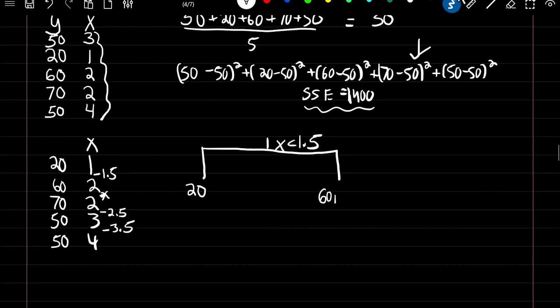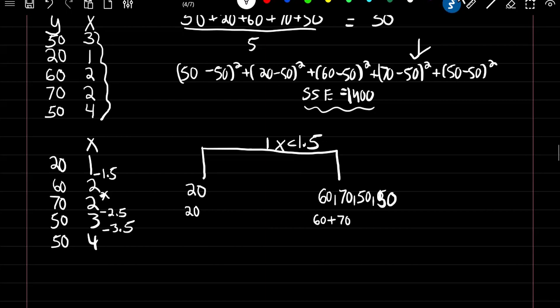So we'll have observations 60, 70, 50, and 50.